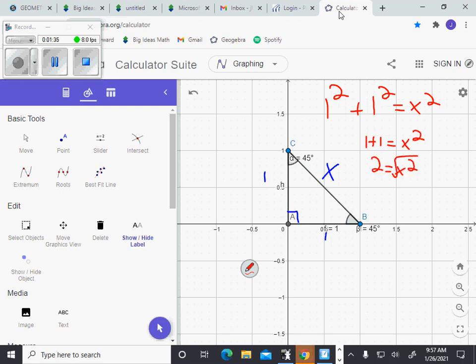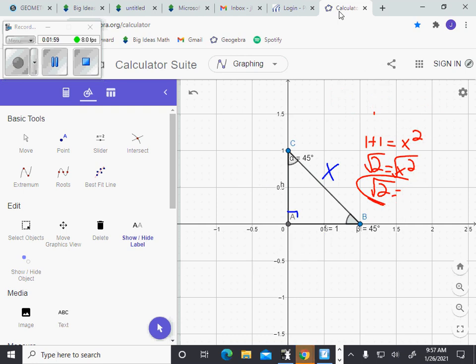We're going to square root it. So x is going to equal, sorry, not 2, just square root of 2. Okay, so the square root of 2.